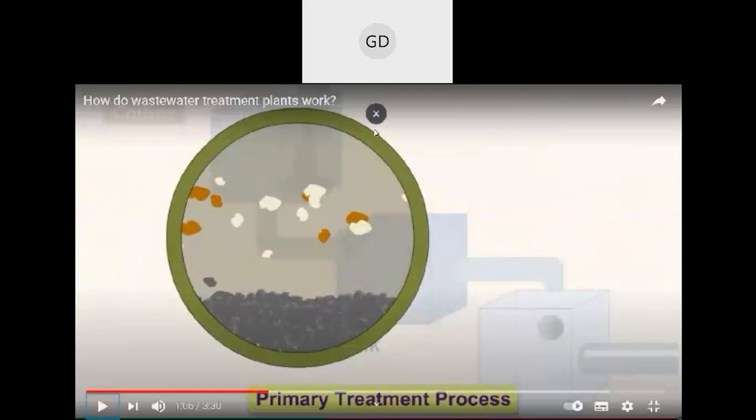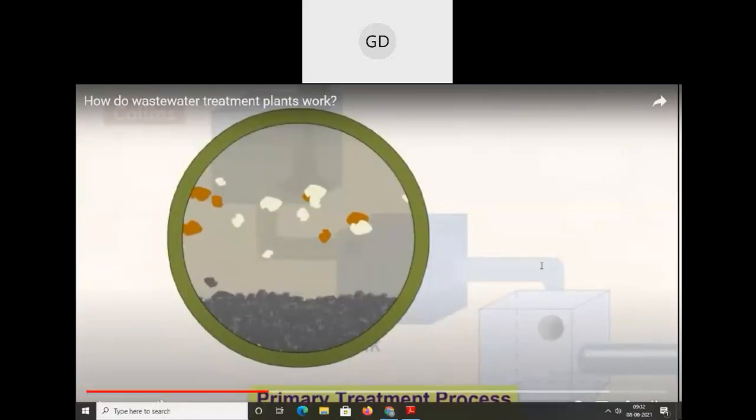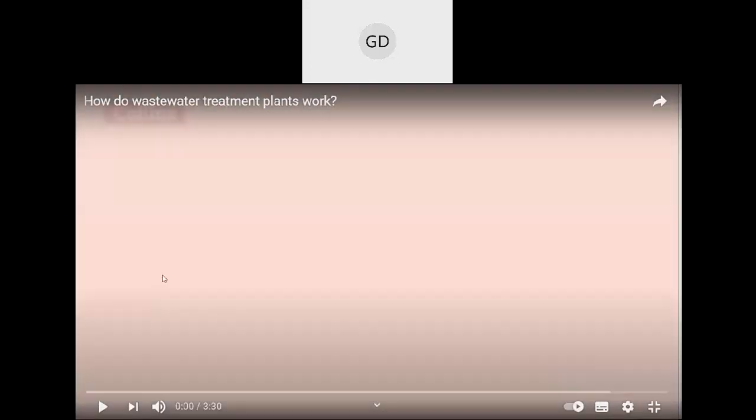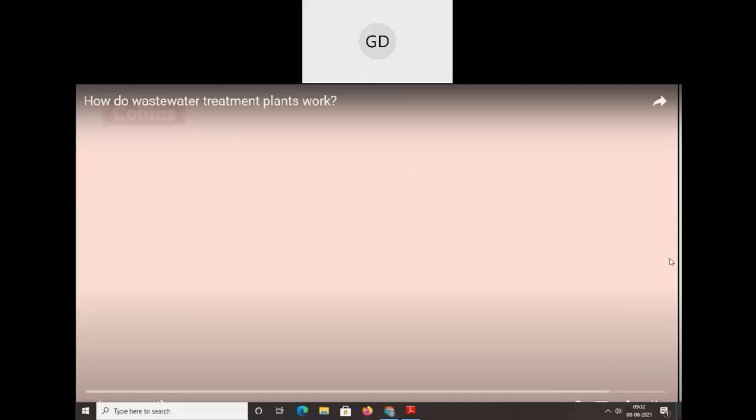It is then deemed safe to release into other water sources. The treatment of wastewater goes through different stages. Wastewater is treated to remove the physical, chemical, and biological contaminants present in it through various processes.